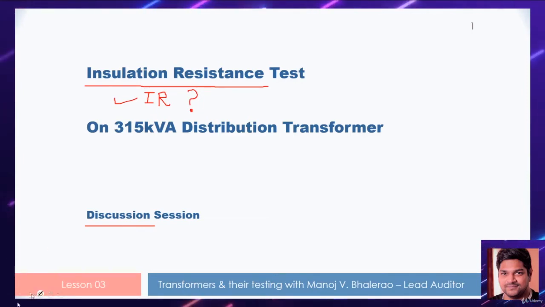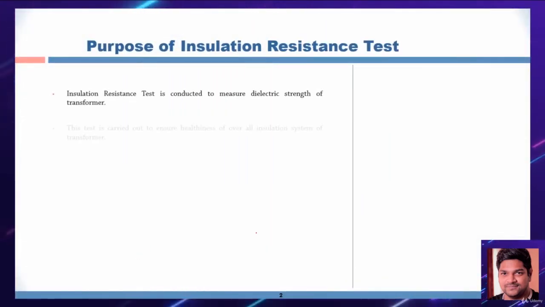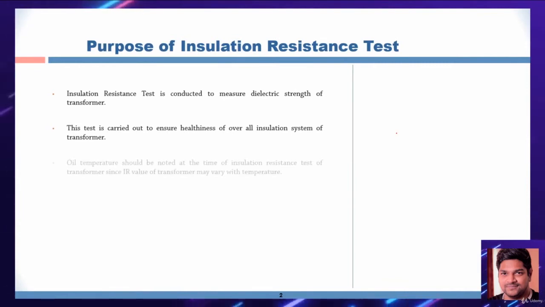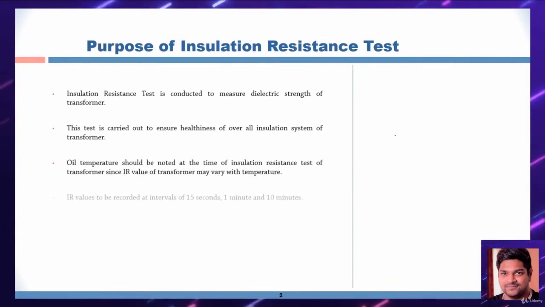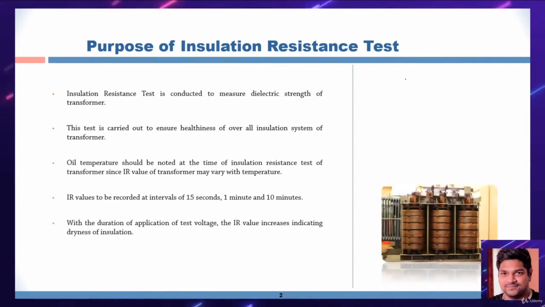So what is the purpose of insulation resistance test? It is very simple actually. Just imagine that a transformer has two types of parts, just like any other electrical equipment. I will first explain the logic behind this IR test, and then we will move forward with the technicality.